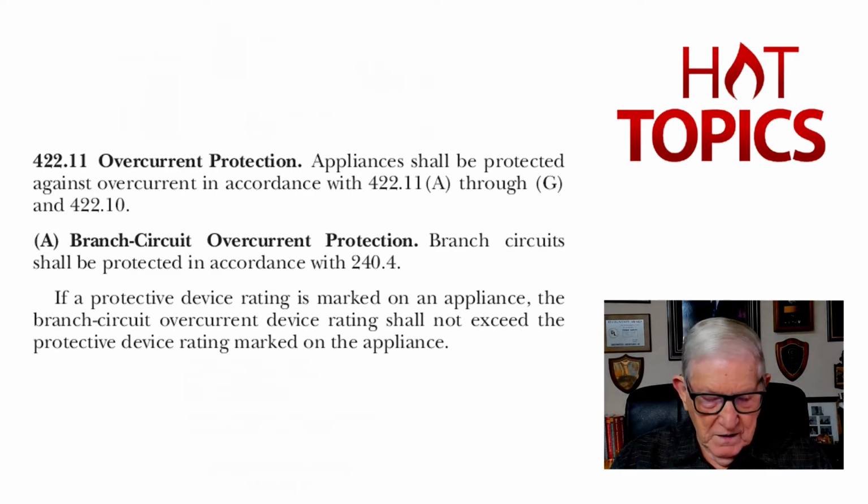But there's something very important here that we read. It does say here that the branch circuit shall not exceed the protective device rating on the appliance. If the appliance has a maximum circuit breaker rating or fuse rating, we can't exceed it. Now we can be lower, but not higher.